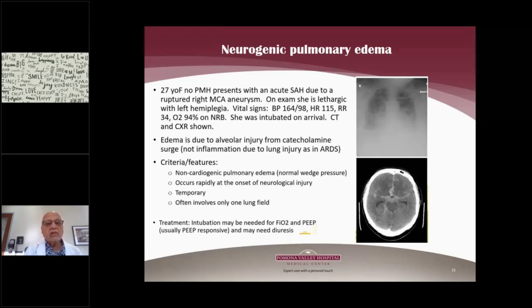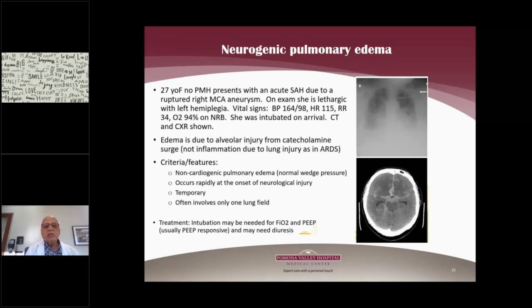Exam is lethargic with left hemiplegia. Blood pressure is 164/98, she is tachycardic, and respiratory rate is rapid with oxygen 94%, hypoxic on a non-rebreathing mask. She is intubated on arrival, and CT and chest x-rays are shown.